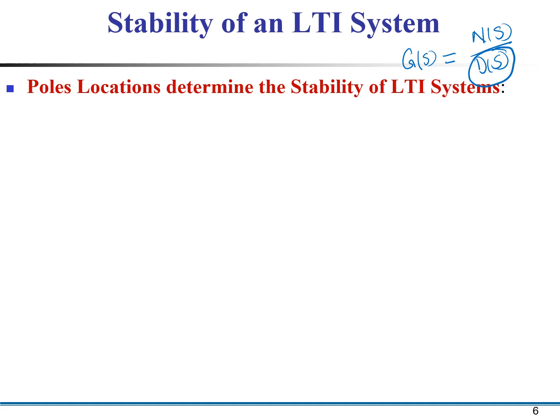So this means the zeros of this characteristic polynomial are also the poles of the system. And the stability of the linear time invariant system depends upon the location of the poles of the system.